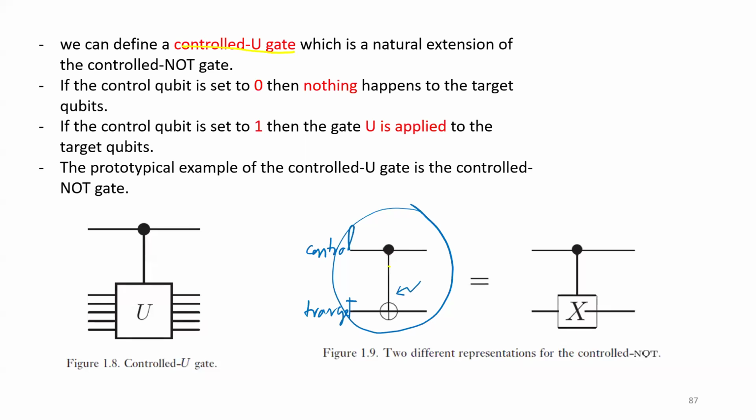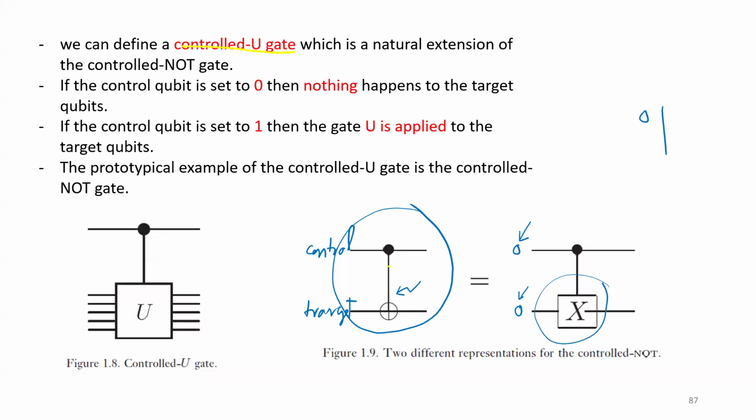And you end up doing something like, you say, okay, flip. If you have the control and the target, all what it does is X. So basically here is 0. If the control is 0, nothing is going to happen to the target.